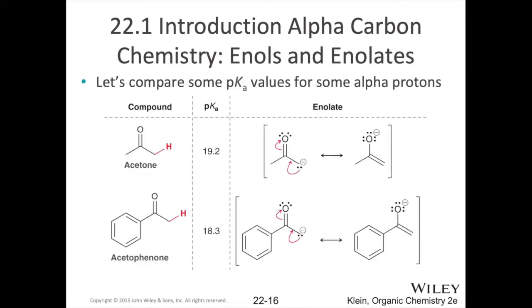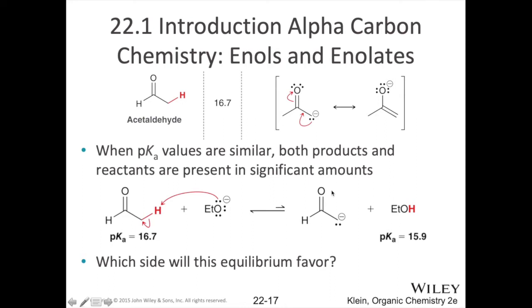Now to understand the kinds of bases you need, let's first look at our pKa values. We need something that's basic enough to get that alpha carbon to act as an acid. If we look at our pKa values, for example for acetone or acetophenone, we can see that those pKa values are in that 18 to 19 range, just a little bit over 19 for acetone here.